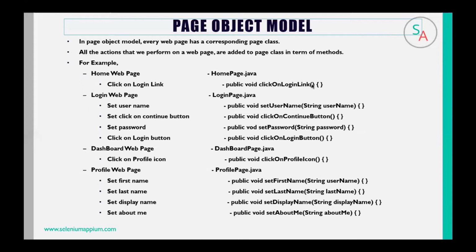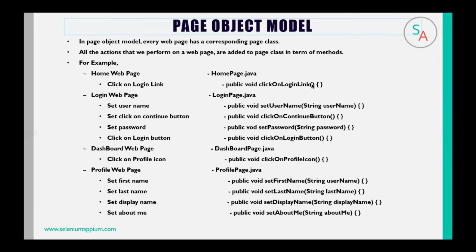If there is a change in login page, you have to go to the corresponding loginpage.java and do the necessary modification. If there is a change in home page, you have to go to the corresponding homepage.java, do the necessary modification. And if there is any change in the dashboard web page, for example, profile icon element got changed or locator got changed or whatever it is, you need to go to the corresponding dashboardpage.java, do the necessary modification.